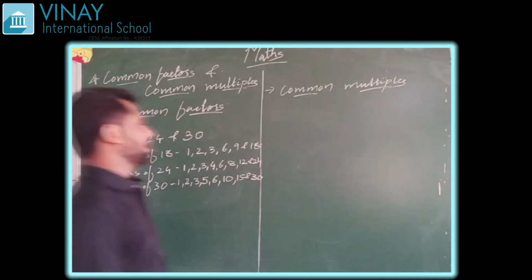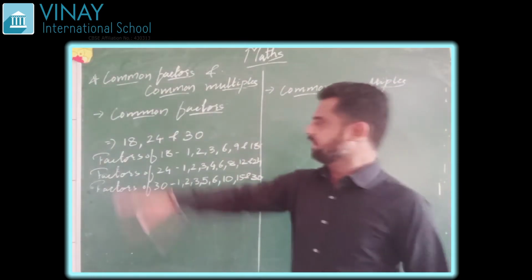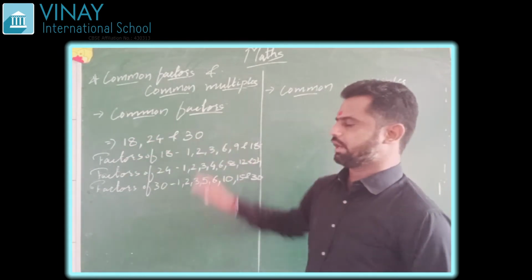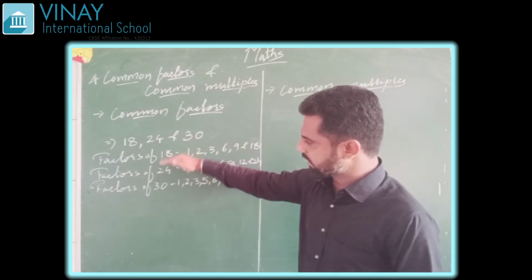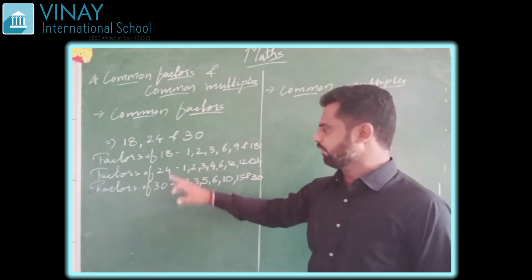Now we have to find out the common factors of 18, 24 and 30. Common factor means the factors which are included in all these numbers, that is 18, 24 and 30.